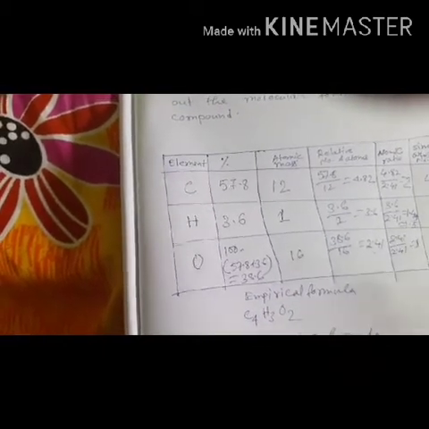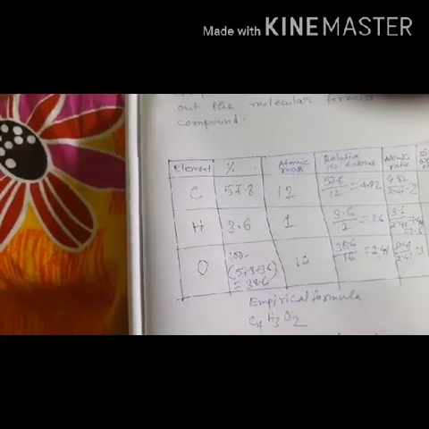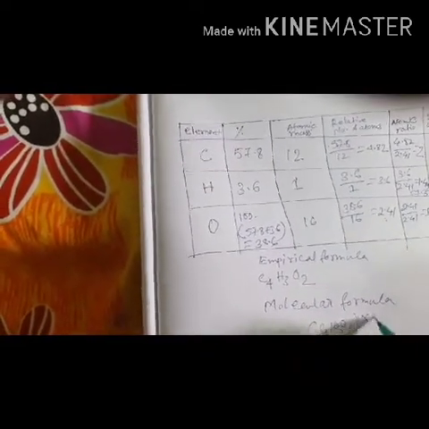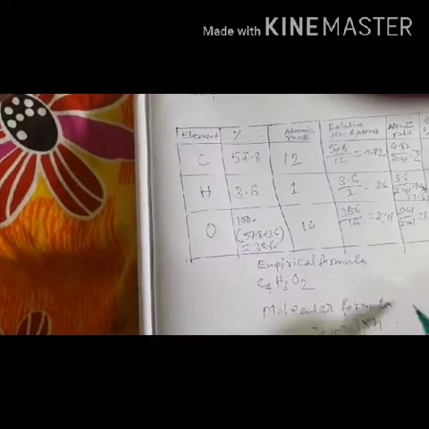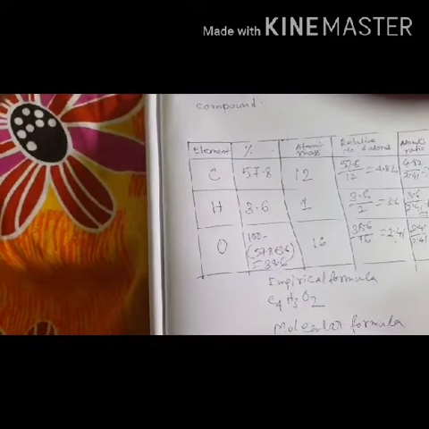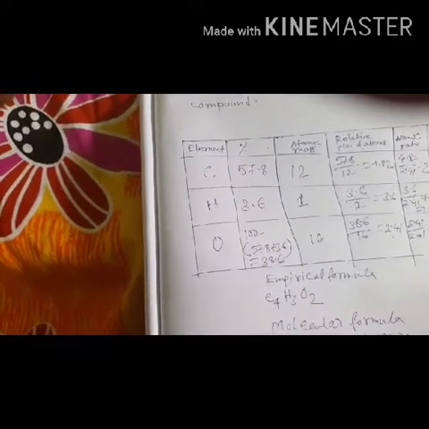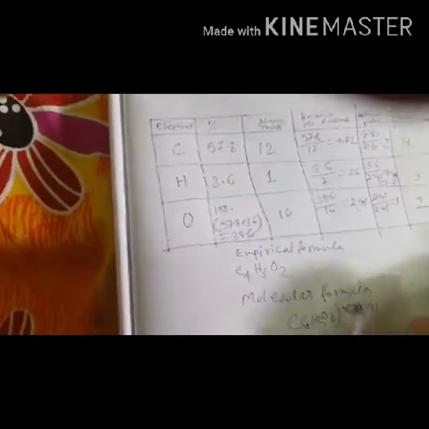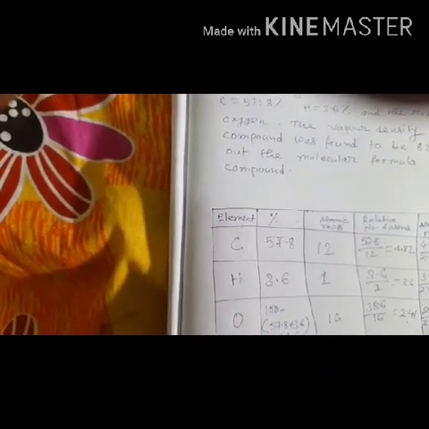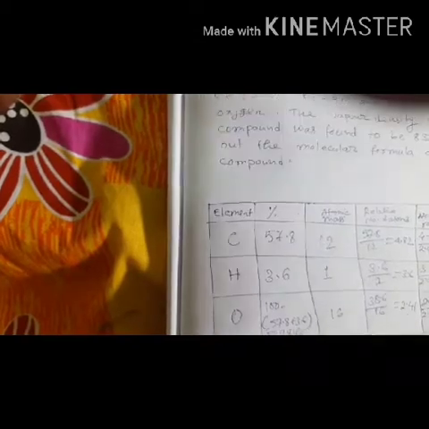And the molecular formula, what will it be? If we multiply C4H3O2 with n, that would be the molecular formula. Now we have to find out n. How can we find this n? There is a relationship I have just told you: the empirical formula into n equals the molecular formula.